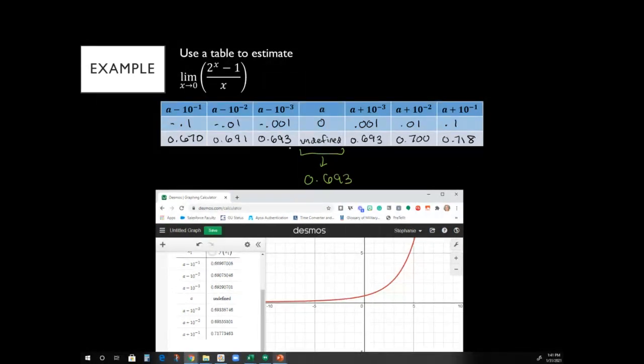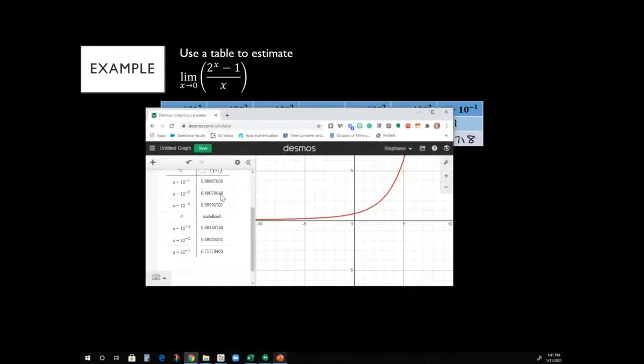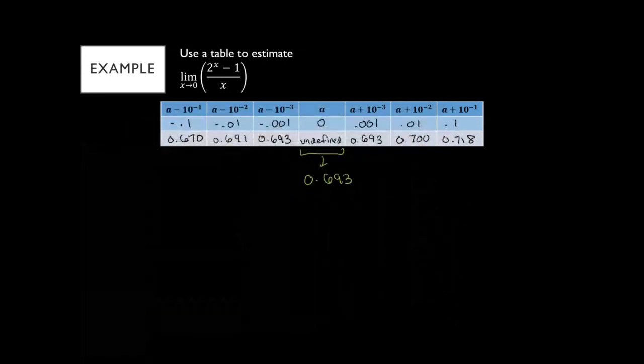You kind of end up with similar numbers on either side, and then you can just say, okay, so that must be the middle number to follow the pattern. But if you use more decimal places, you can average the 2 values on either side to kind of get an approximate for the middle here that's missing. So our approximate value for the limit is 0.693.